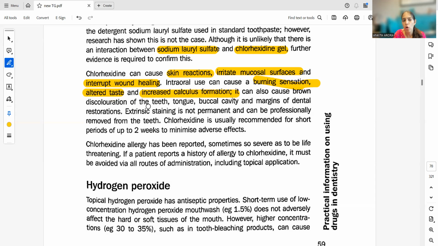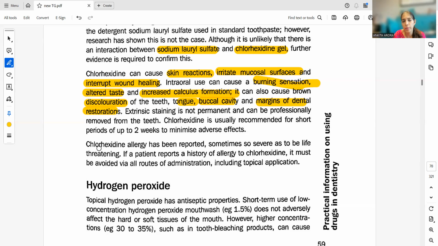It can also cause brown discoloration of the teeth. So chlorhexidine can cause discoloration of the teeth, tongue, buccal cavity, and margins of the dental restorations. Extrinsic staining is not permanent and can be professionally removed from the teeth.